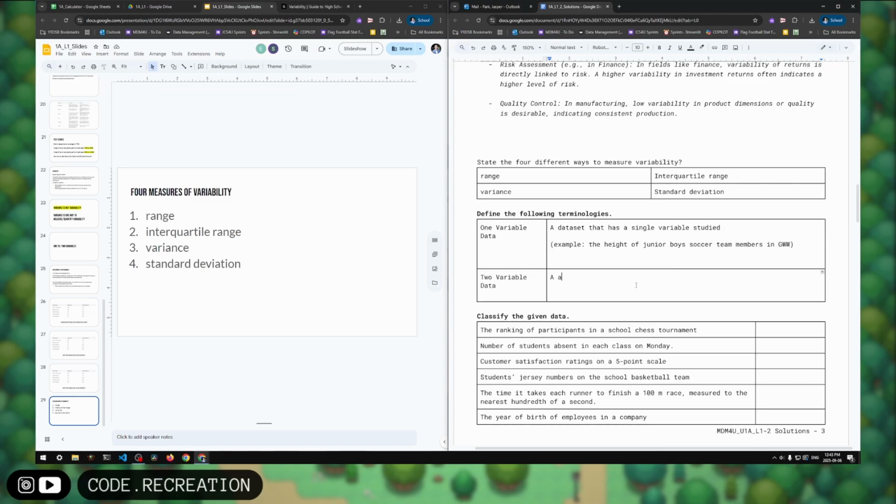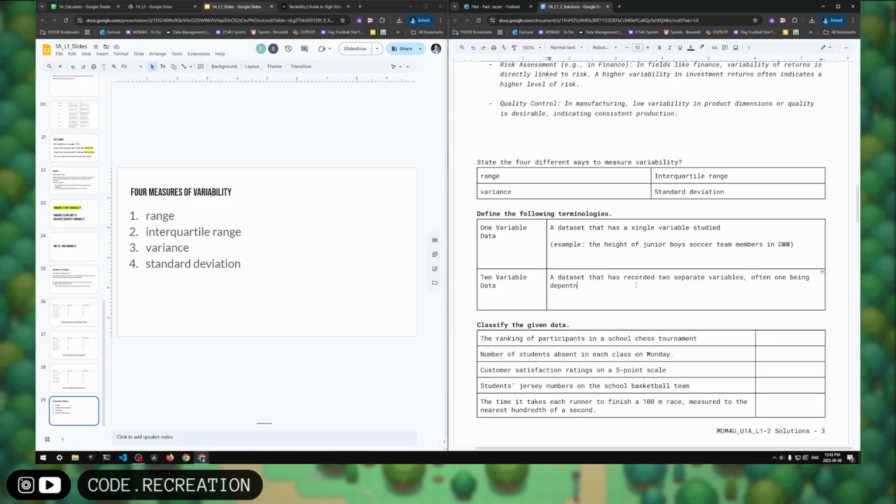Two variable data: a data set that has recorded two separate variables, often one being dependent on the other, to see relationships, correlation, and or causation.